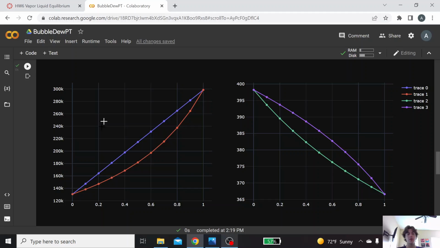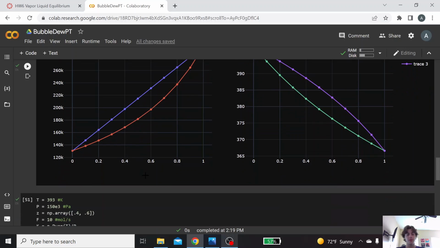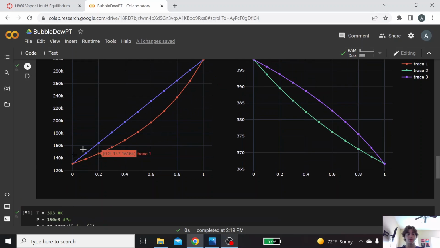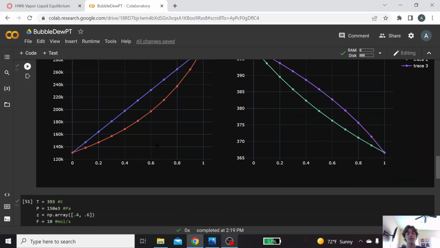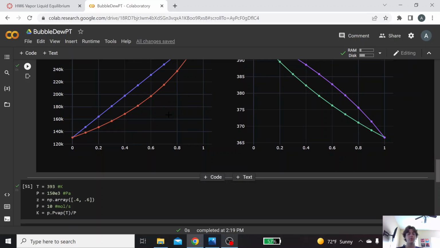And if you look at our dew and bubble pressure graph, you can see that we are outside of the two-phase envelope here. Since our pressure is below this line, we will have all vapor in this calculation, and really no flash is going to happen. Your feed is just going to stay all in the vapor phase.